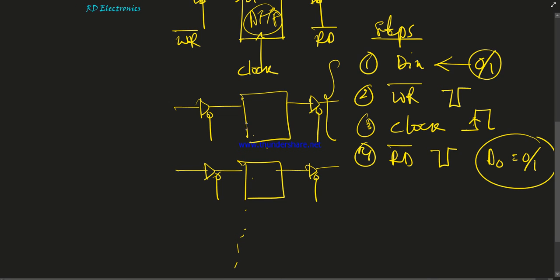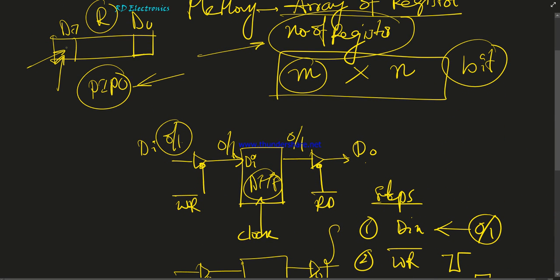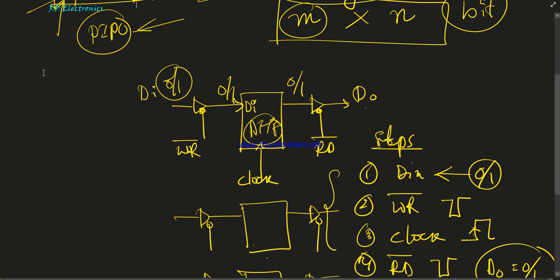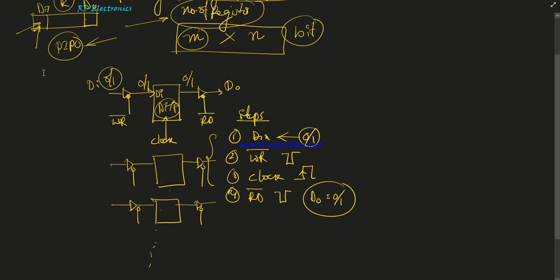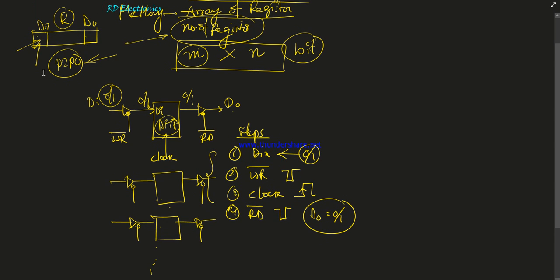These 8 flip-flops represent the individual data bits D7 to D0, and all pins are internally connected via each individual block, like read bar, write bar, D input, D output, etc. That's why the read and write operations are performed in the register array or memory concept.